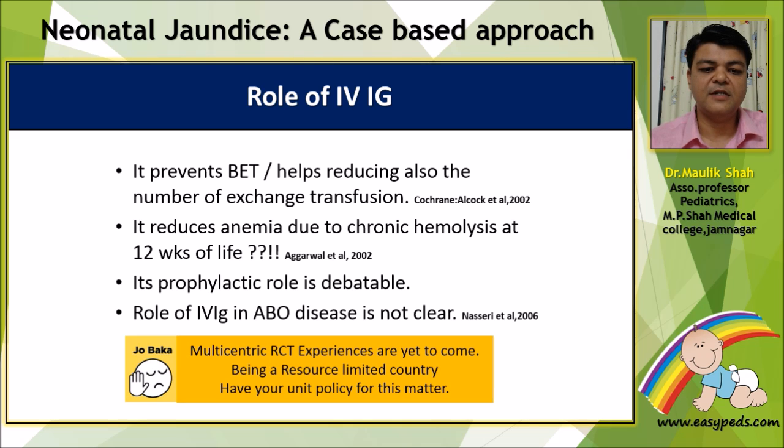A large multicentric trial is underway, and one of the studies which has been available is yet to define a specific role of IVIG. Right now, for our resource limited country like India, we need to wait for further multicentric trials and concrete evidence.